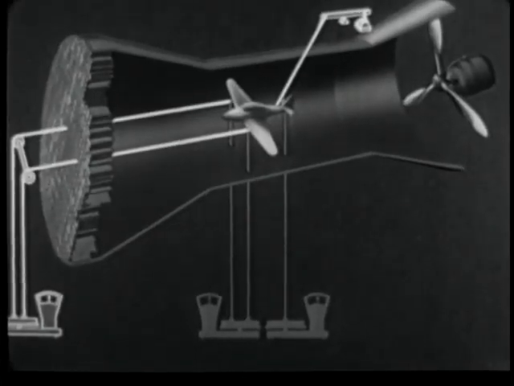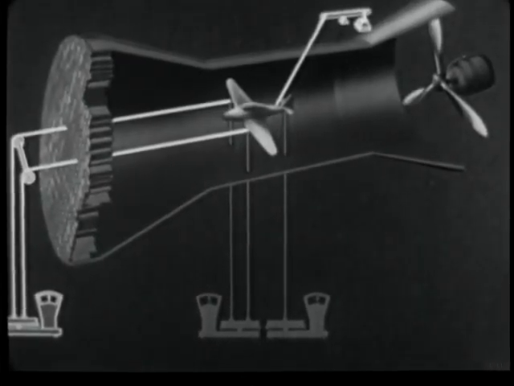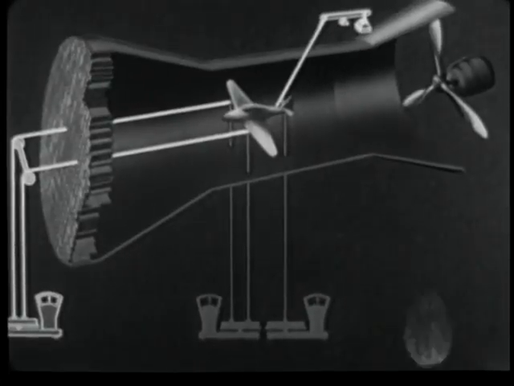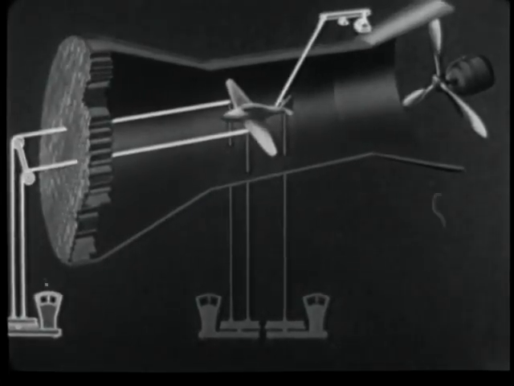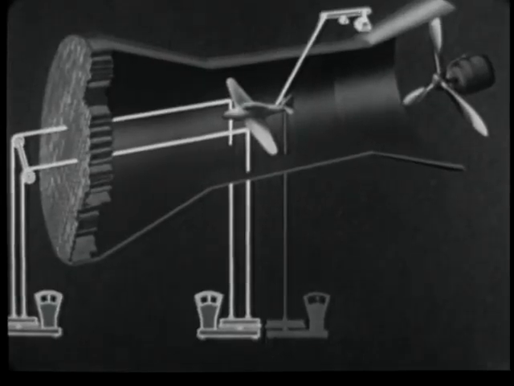From the leading edge of each wing, a wire runs forward in the direction of flight over pulleys, and down to a bar on a platform type of scale. A second pair of wires runs vertically downward from the wings to another scale.